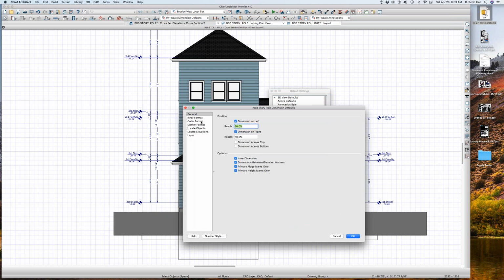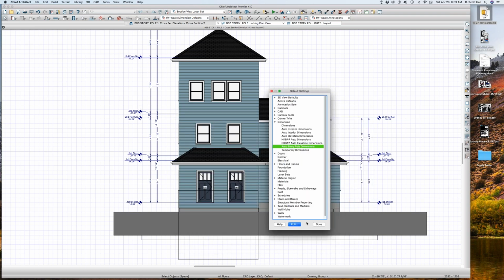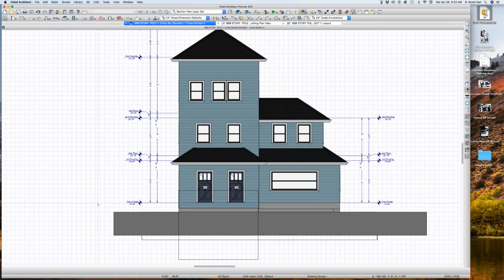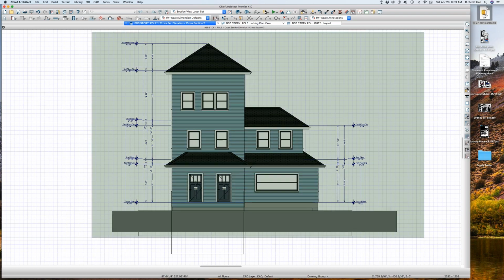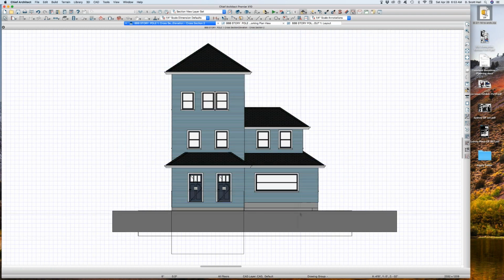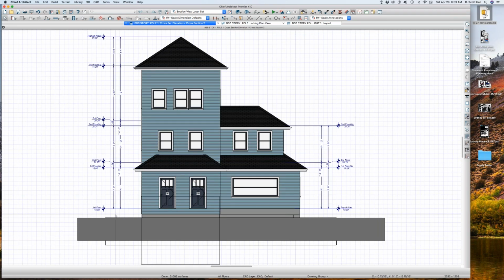The reach, 30 and 30. Let's try that, okay? The one on the left should say top of floor. There it is, first floor, first floor ceiling, second floor ceiling.